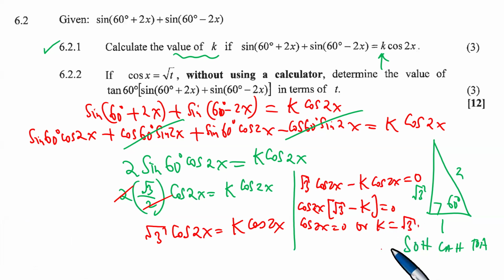This would be a very normal way to solve these, but we don't want this. So k equals the square root of 3. K equals the square root of 3, like so.